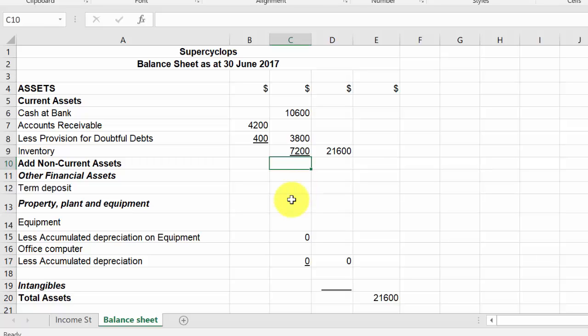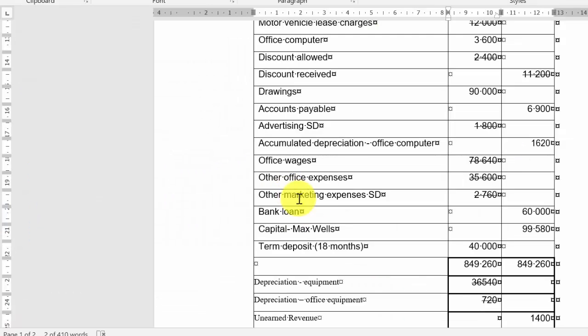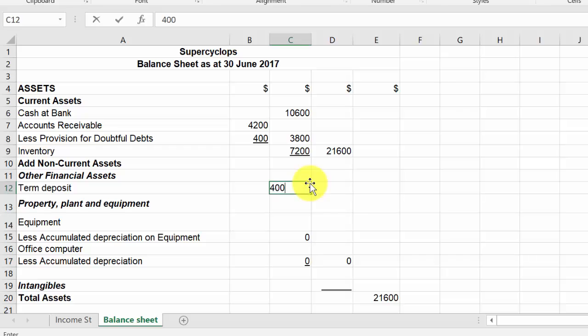Let me just find those. We've got one term deposit here, which is an investment, $40,000. I can see that it hadn't been calculated into my total assets, but I'll fix that in a moment.